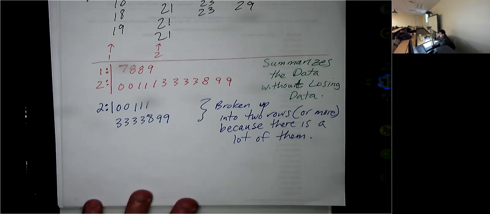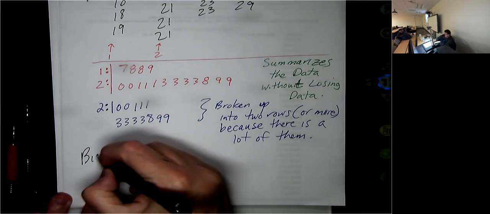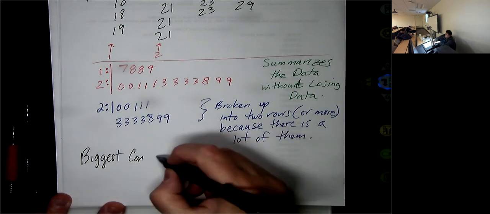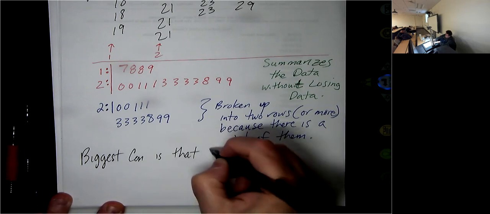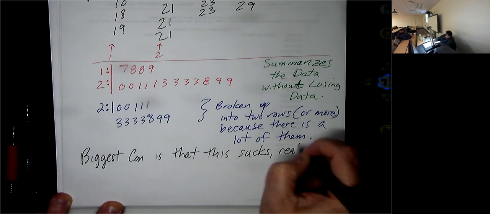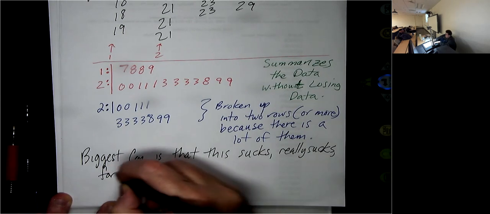So this summarizes the data, but not completely. I still got to count them up. If I want to know how many people are in the 10s range, I got to count them up. Another con of this, the biggest con, is that this really sucks for large data sets.